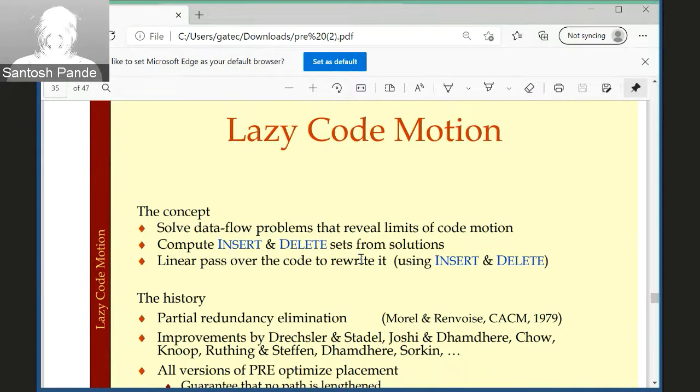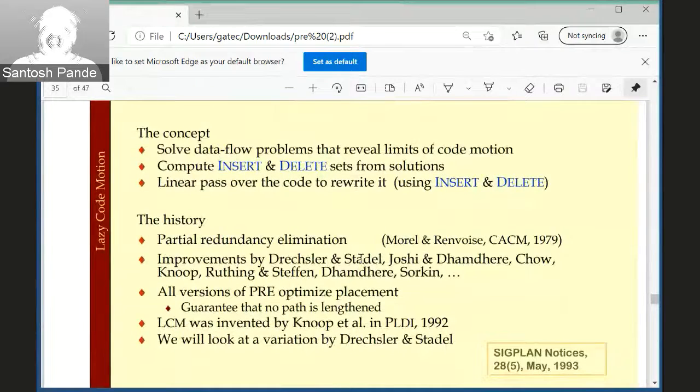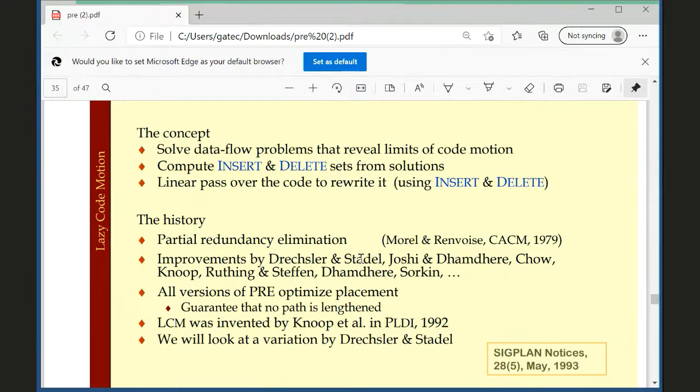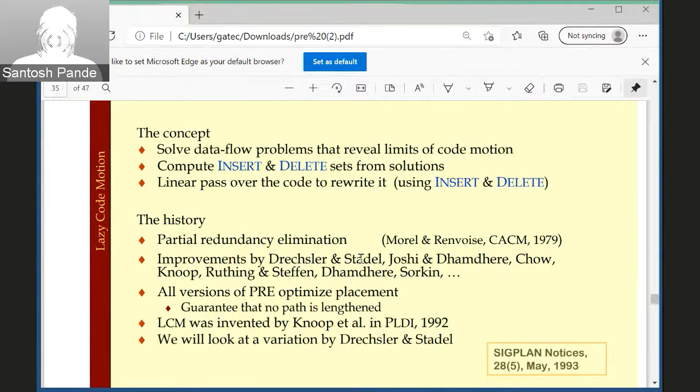And so the idea is to really start with placements which cover a particular expression along which it is not available, and try to cover it as early as possible, so that we don't introduce partial redundancy just by going to maybe the predecessor of the node and so on.